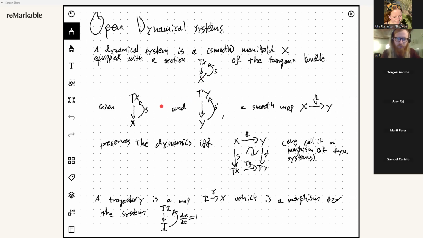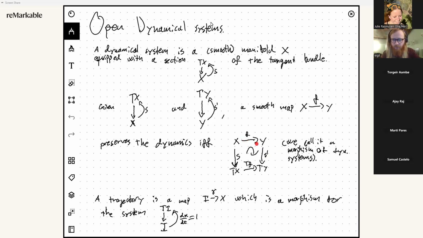If I have two dynamical systems, say (X, s) and (Y, s'), and a smooth map between those manifolds, then I say it preserves the dynamics, or is a morphism, if this square commutes.